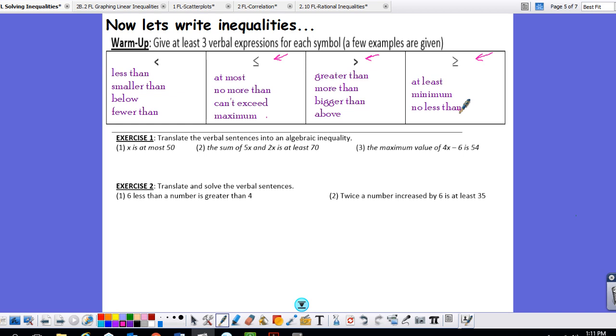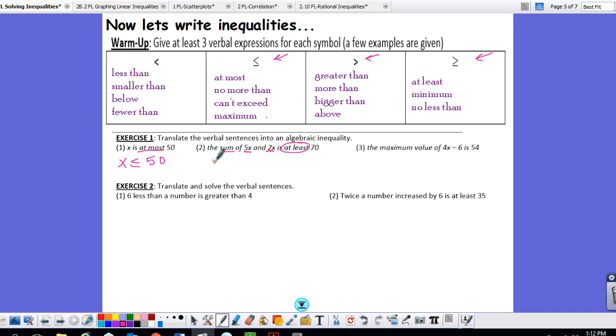All right, if we're going to translate these verbal sentences into algebraic inequalities, we have x is at most. So we see at most is in the less than or equal to, so we say x is less than or equal to 50. The next one says the sum, so it means we're going to add some things, of 5x and 2x is at least.